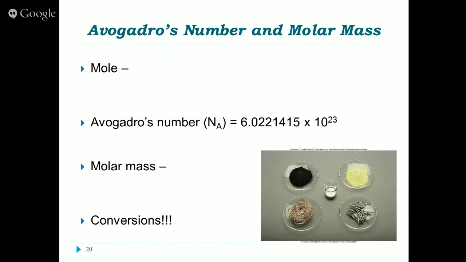Avogadro's number. What is Avogadro's number? Well, Avogadro's number is representing 1 mole of any substance, and a mole is a counting number. So 1 mole of anything equals 6.022 times 10 to the 23rd of that substance. A mole works the same way that a dozen or a pair works. If I have a dozen of something, I have 12 of it, no matter what it is. 12 bunnies, 12 donuts, 12 pencils, I have a dozen.